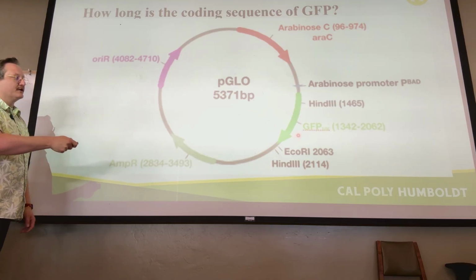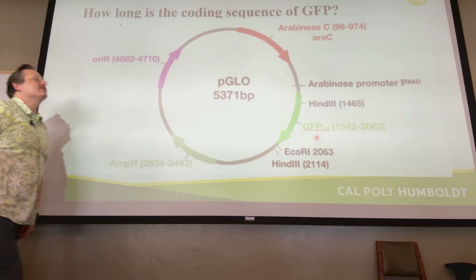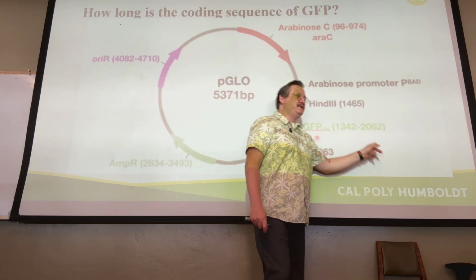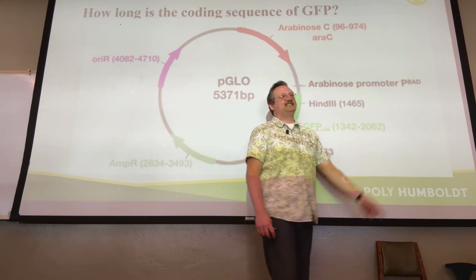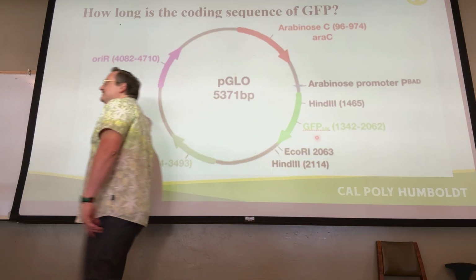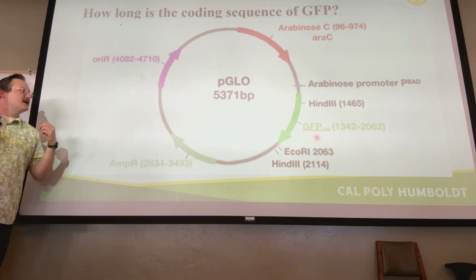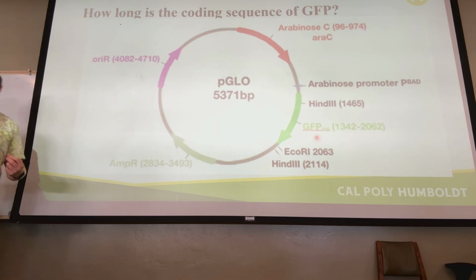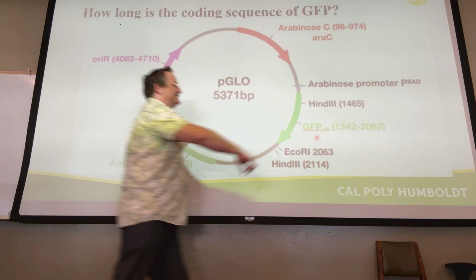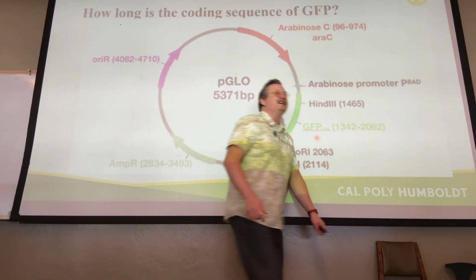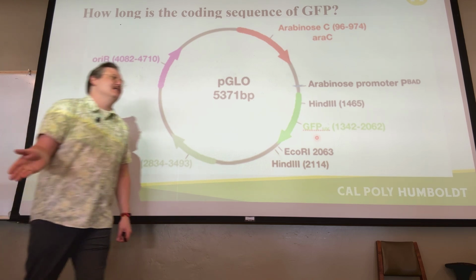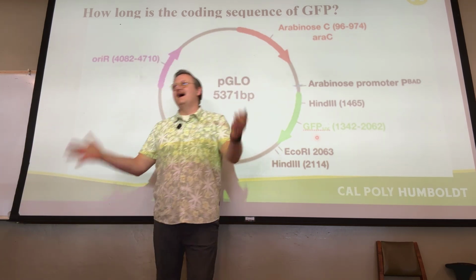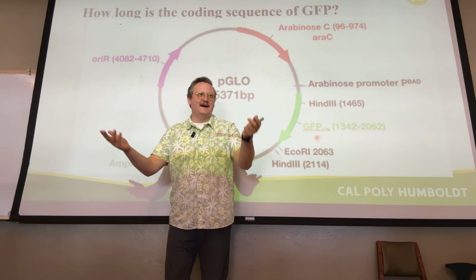The gene for green fluorescent protein runs from base pair 1342 to base pair 2062, okay? So how long is the coding sequence for green fluorescent protein? How many nucleotides long is it? Well, if it starts here and runs to here, it's like if you went from mile marker 10 on a highway to mile marker 15, how many miles did you travel? 5.